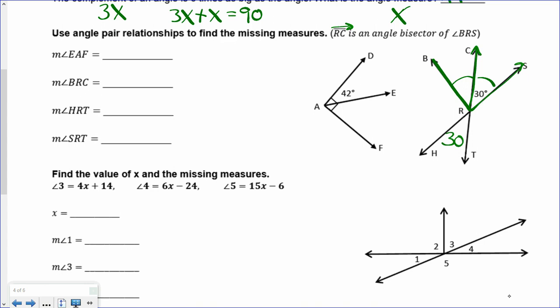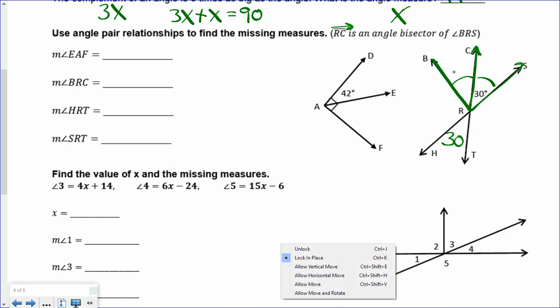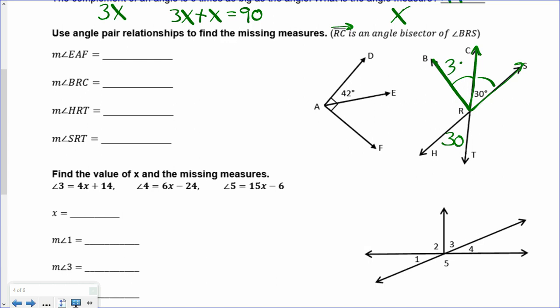So here I have vertical angles. We have 30 and 30 because they're vertical angles. What about this one? What do I know about this angle? They're equal, aren't they? So what can I write here? Another 30.